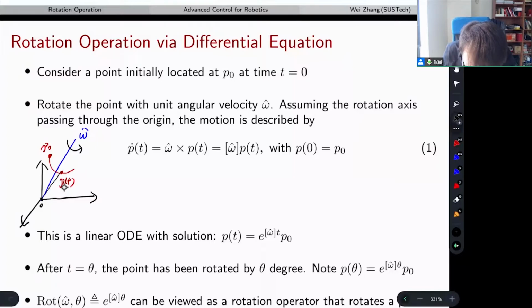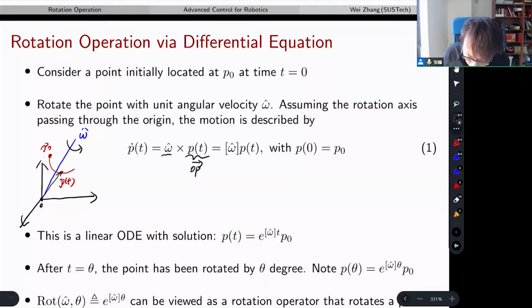If you represent this point in this coordinate frame, this is the vector, the vector OP, and this will be the coordinate of that point.